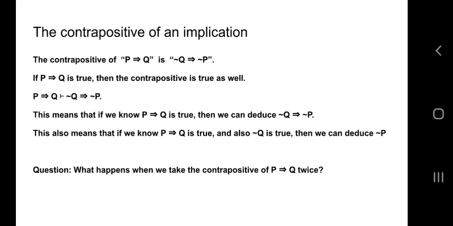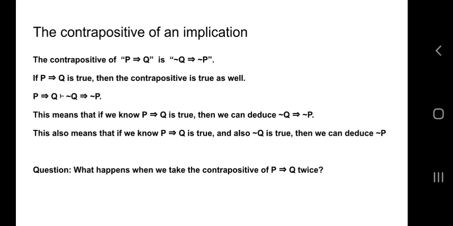Now remember, not P implies not Q is technically a different formula than P implies Q because they're symbolically different, right? But they're definitely equivalent, right? Because taking the negation twice, it kind of cancels out. It flips the truth value twice, so you get back to where you started.